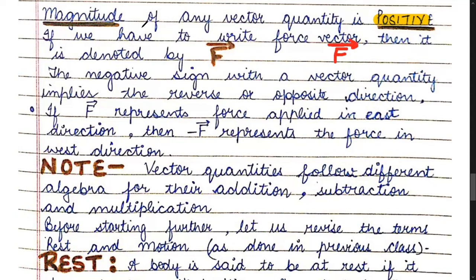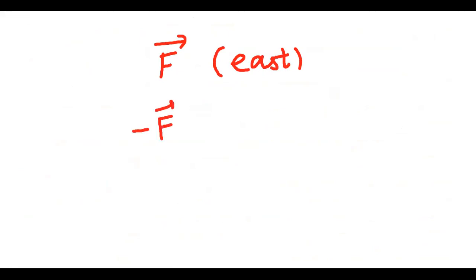Now children, sometimes a negative sign with a vector quantity is also given, and it implies the reverse or opposite direction. For example, if I am saying that force F is applied along the east direction, and if I write minus F, this negative sign means the opposite direction.